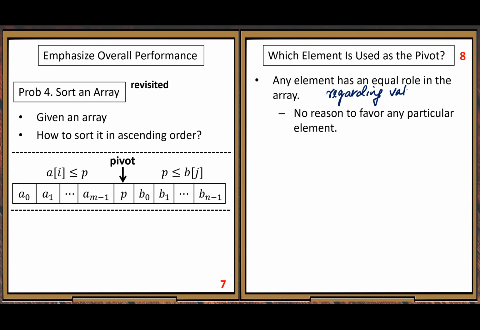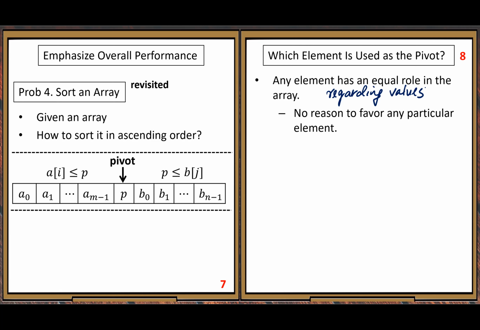Regarding the element values, our conclusion is equal chance for any element in the array. But that's not enough. There is another factor we need to consider, the convenience factor. How convenient it is.